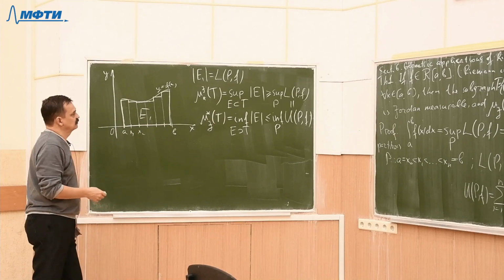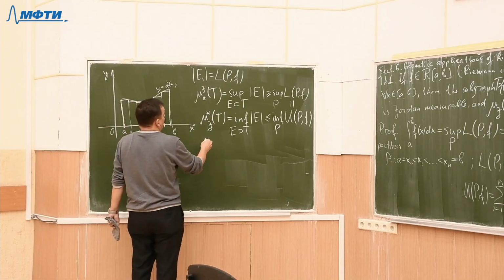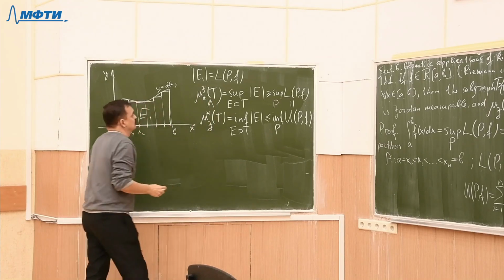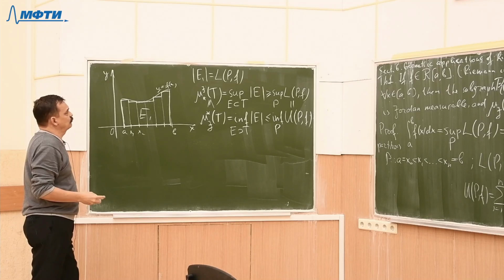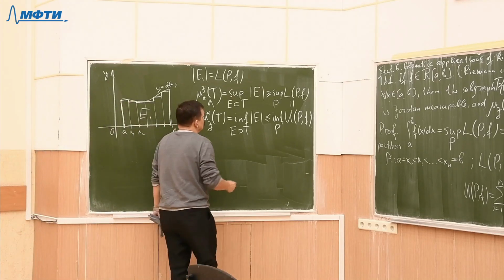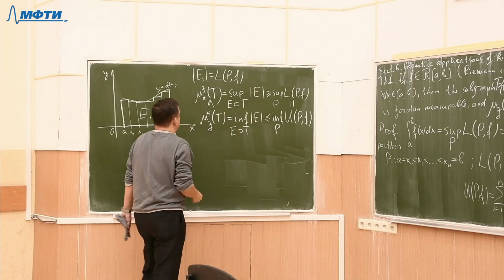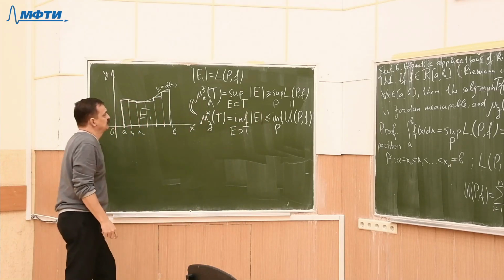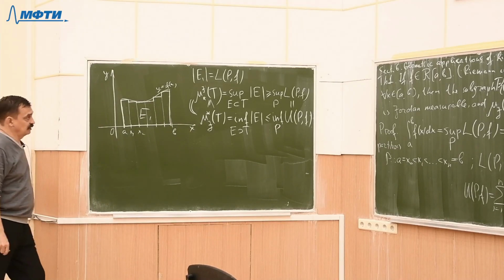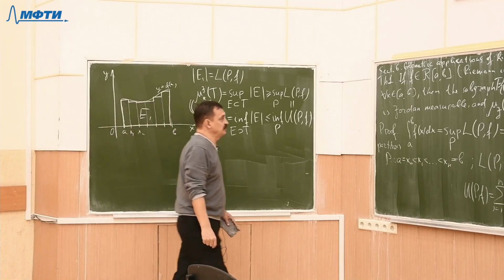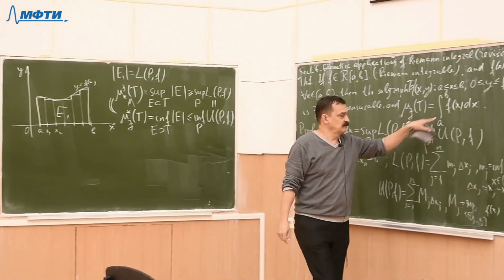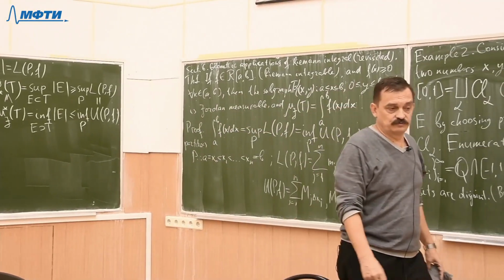Hence, since we always have the inner measure less or equal than the outer, because of that chain, in fact, we have equality here and here, and it means that the Jordan measure coincides with the integral, what we wanted to prove.